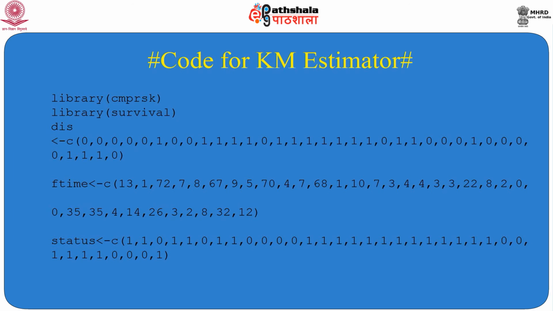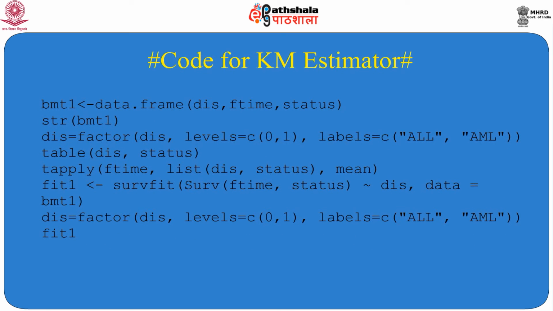So in the same data set we are going to apply Kaplan-Meier without considering the death status as competing risks, just as death. Now we are considering this data set as BMT1 and replacing BMT with BMT1. Since we have a different code for status, again we factorize disease as ALL and AML, and we prepare the table, and we find the Kaplan-Meier estimates using the function called survfit.